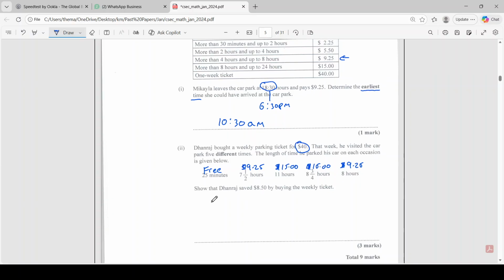Therefore, without the 1 week ticket, the cost would have been 9.25 plus 15 plus 15 plus 9.25, and that would give us a total cost of $48.50.